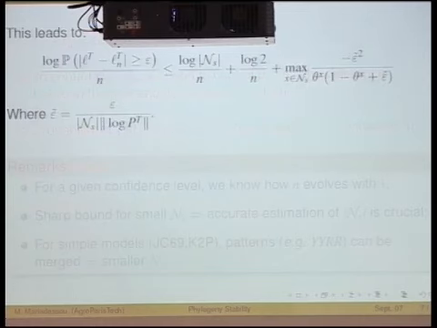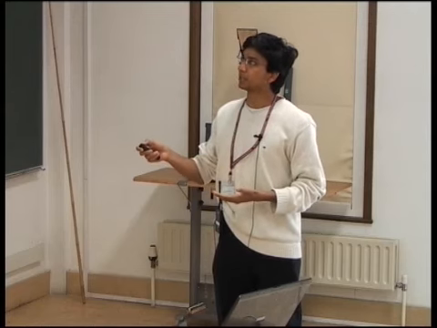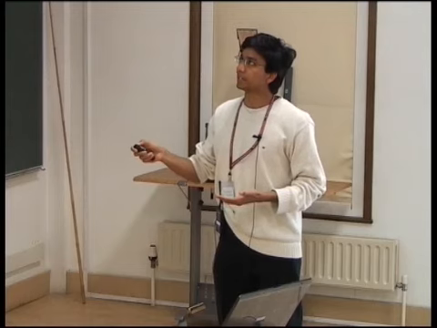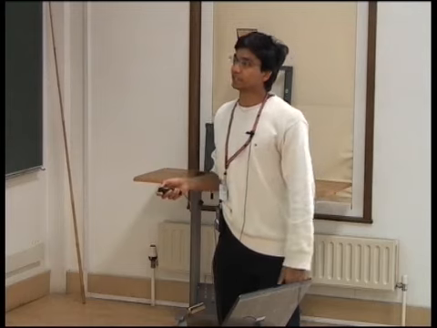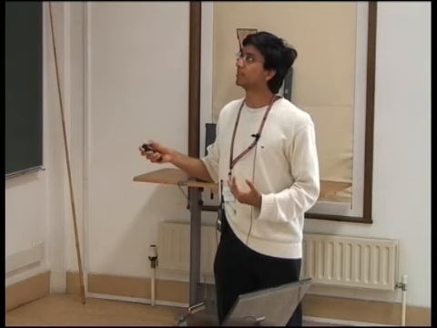Taking advantage of the relation between the likelihood scores and the pattern distribution vectors, we can obtain a result which says that the log probability of the difference between the true and the empirical likelihood score of a model being too big decreases exponentially, but this time you have a constant here, basically 2ns, which is twice the number of possible patterns under the true distribution. And here you have something which is minus epsilon tilde.